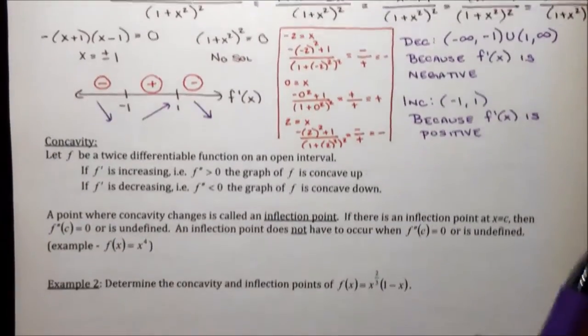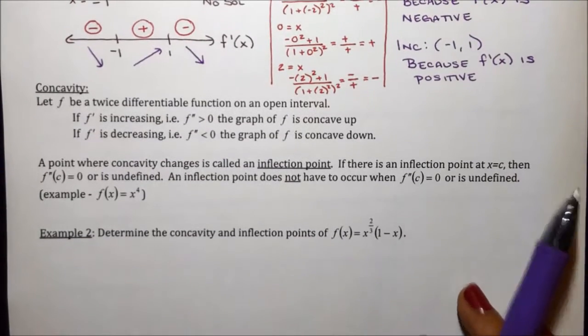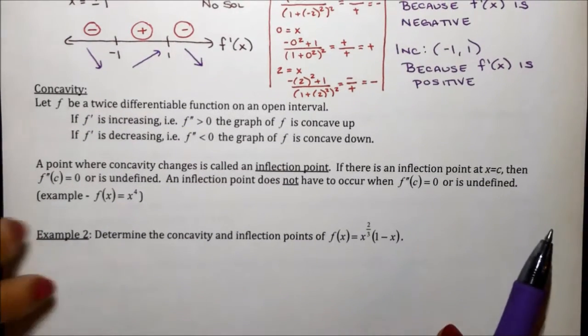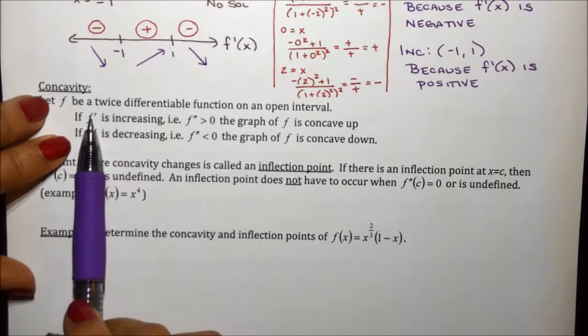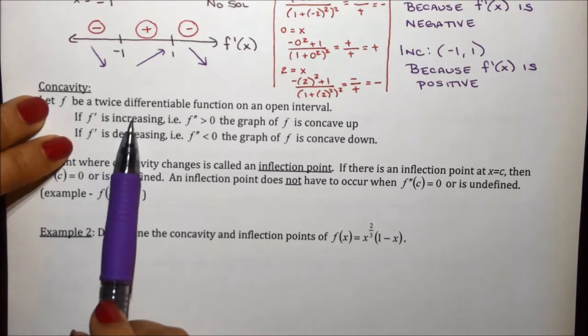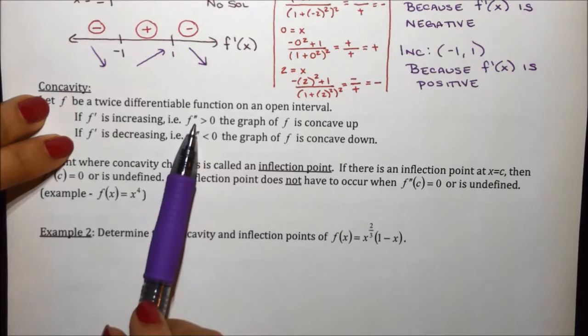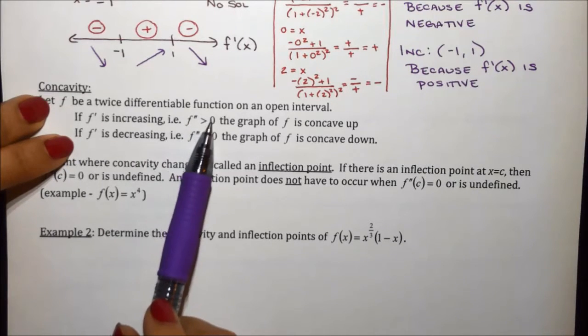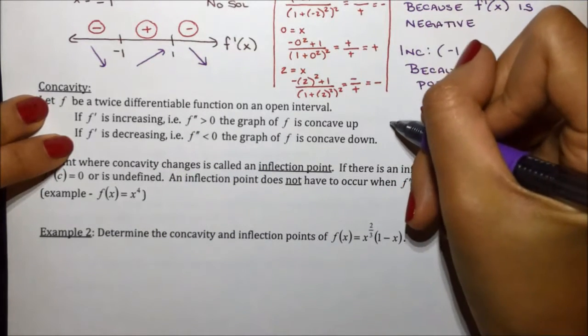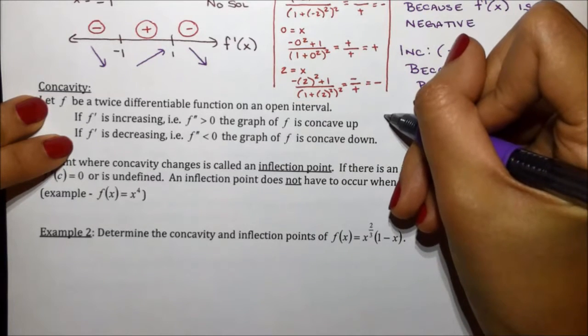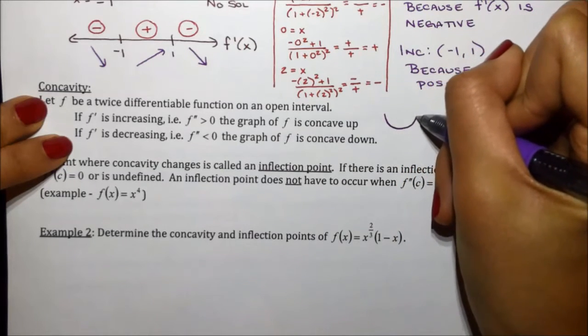Let's now talk about concavity. So for concavity, if the first derivative is increasing, then the second derivative is greater than 0. The second derivative is positive. The graph is concave up. Concave up means that any part of the graph looks like this.